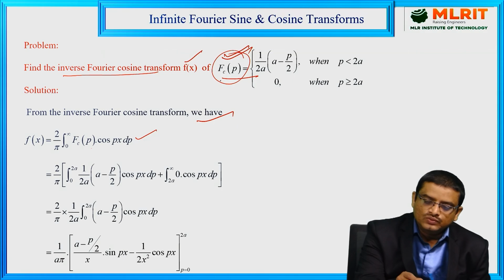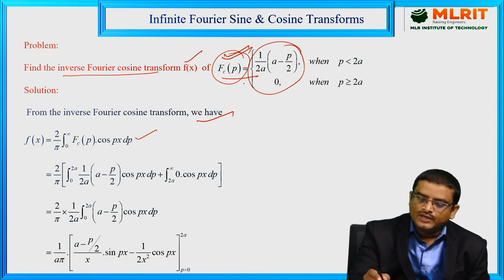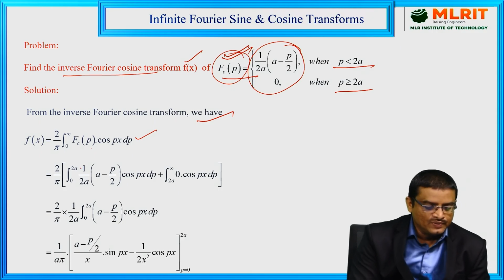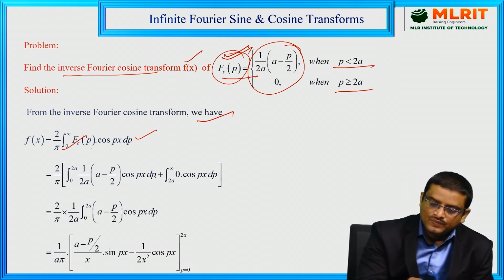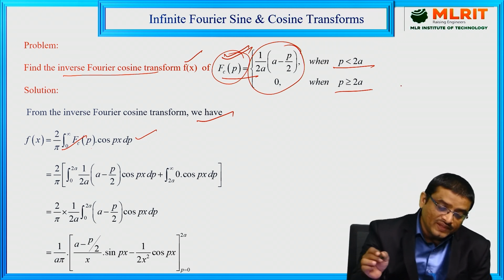Here we are having two values for this Fourier cosine transform. According to these conditions, you divide this integral 0 to infinity into two subintervals. One is integral 0 to 2a and the next one is 2a to infinity.